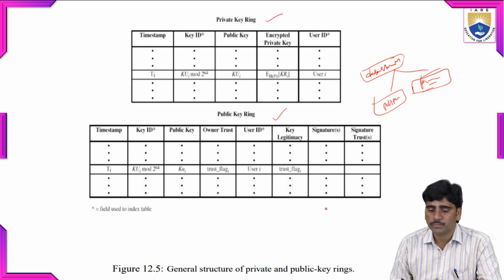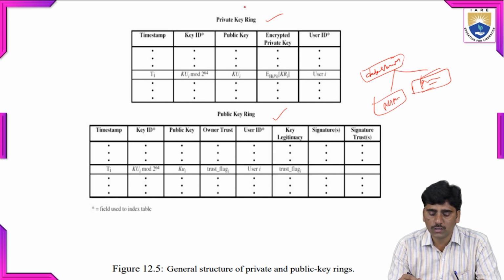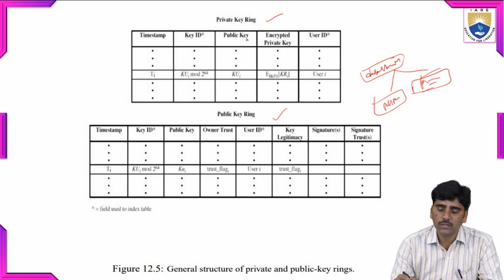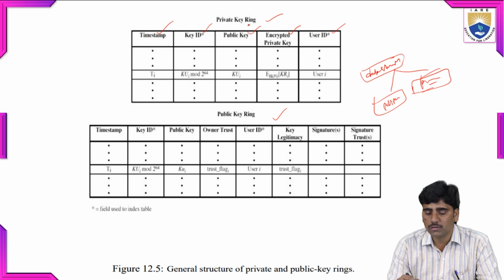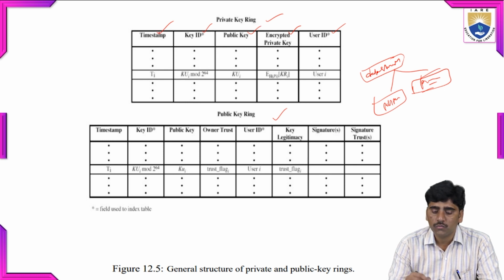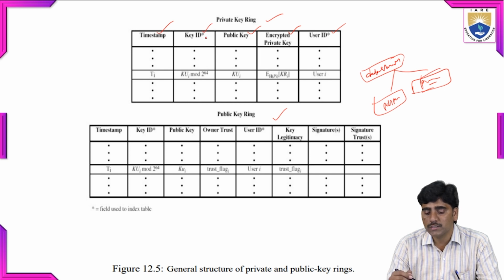So the private key ring contains the timestamp, key ID, public key, encrypted private key, and a user ID. So what are the fields in the private key ring? One is the timestamp, second is the key ID, third is the public key, fourth is the encrypted private key, then next the user ID.